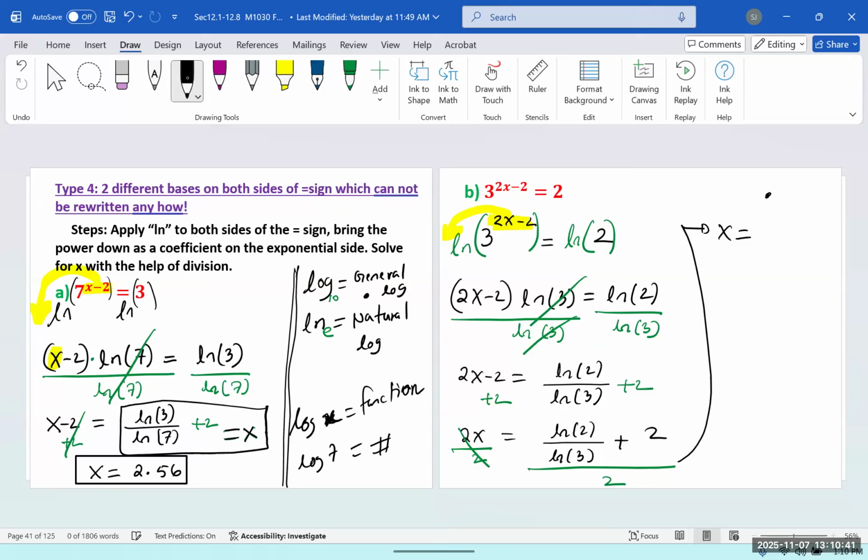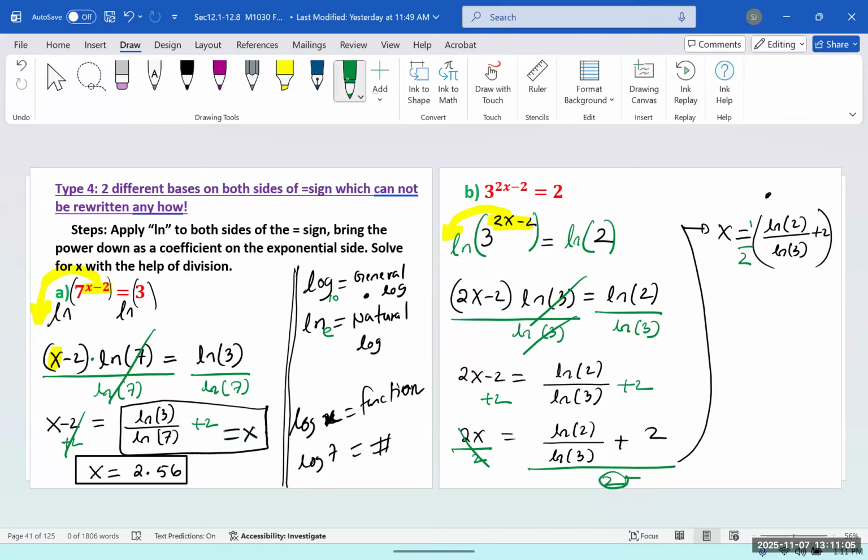And you have the same thing. You can keep the same thing, or you can rewrite division as a multiplication of the reciprocal. So it's ln of 2 divided by ln of 3 plus 2. And basically you're multiplying by 1/2.